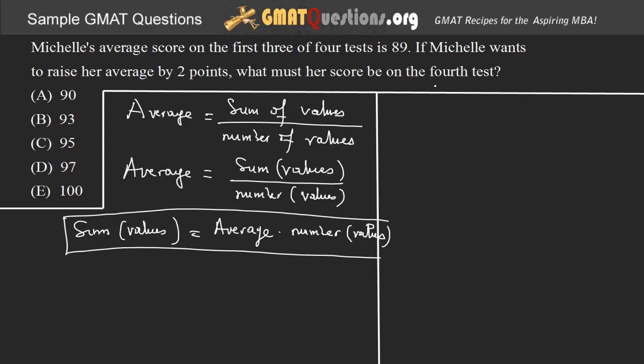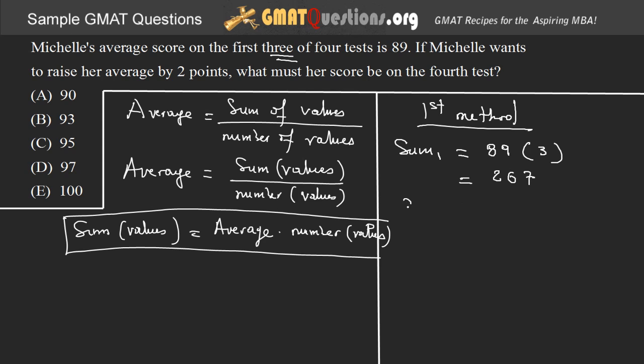Okay, if you do this question the conventional way, I would call it the first method, and it's a little bit slower. We're going to write that sum 1 is equal to the average 89 times 3, because you have 3 numbers involved. And I believe this should give you 267.